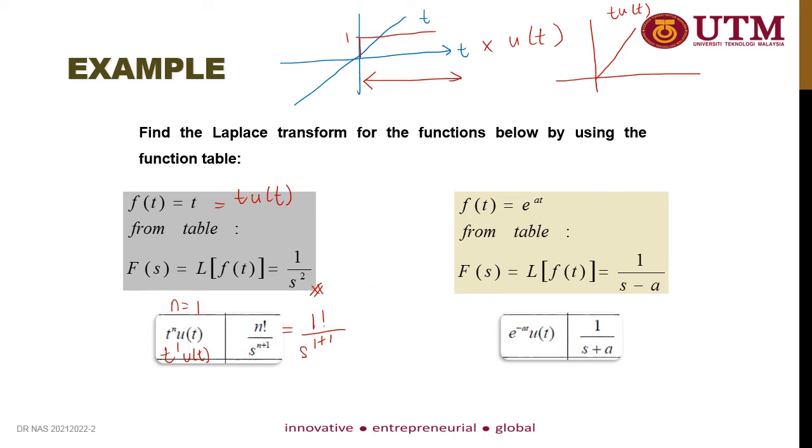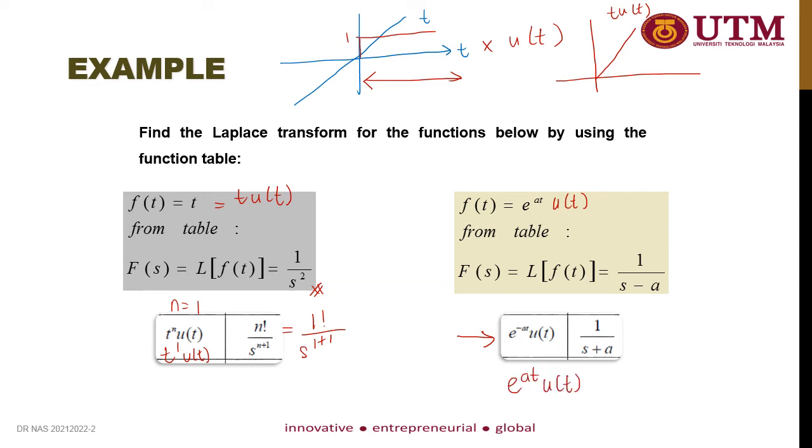Let's look at the next function. f(t) is given by e^(at). Again, consider only the positive side, so we can assume this is equal to e^(at) u(t). Refer to the table for the closest shape to your equation, then compare the given equation with the one in the table. This is from the table, compared to yours, e^(at) u(t).